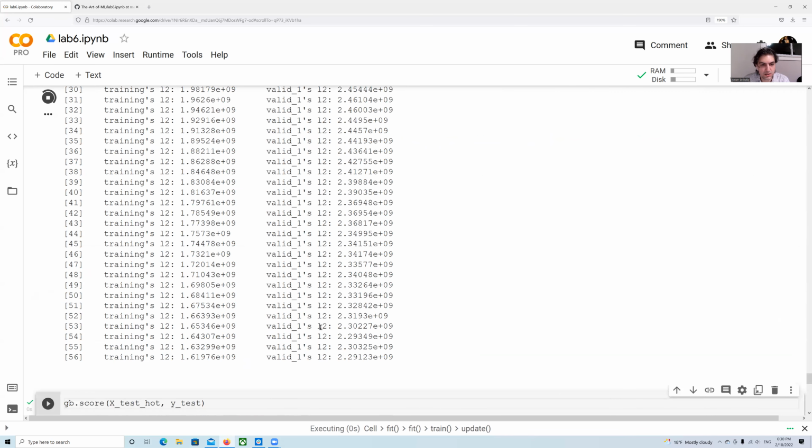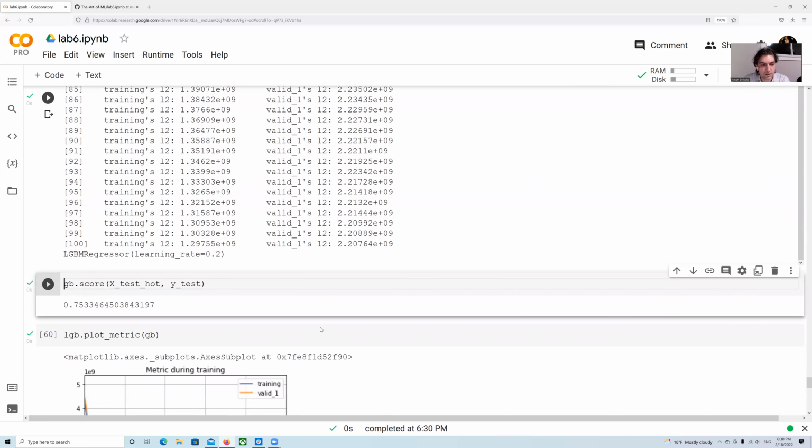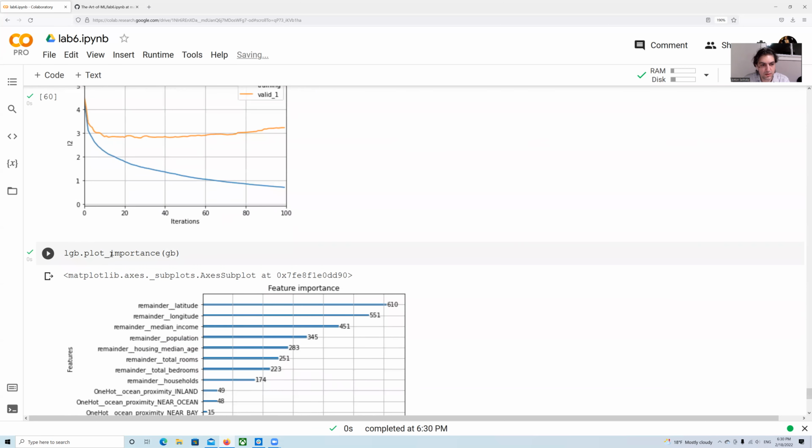And the final remark is about the feature importance evaluation. You remember that in linear models, the weights gave us the importance of the feature.